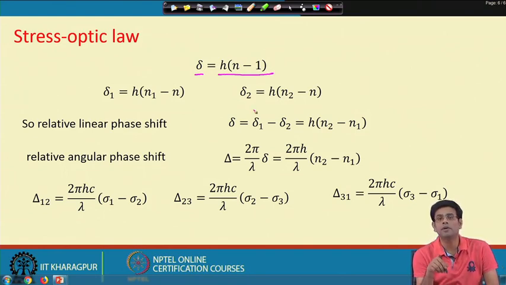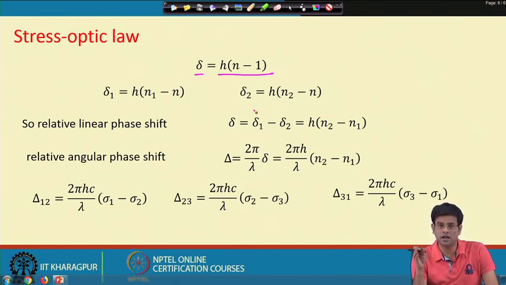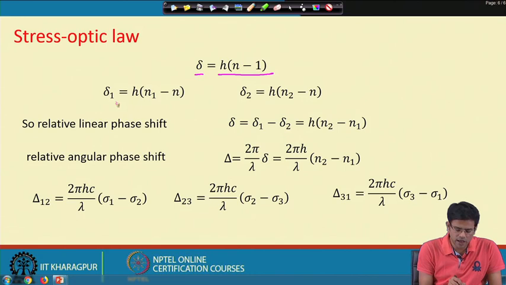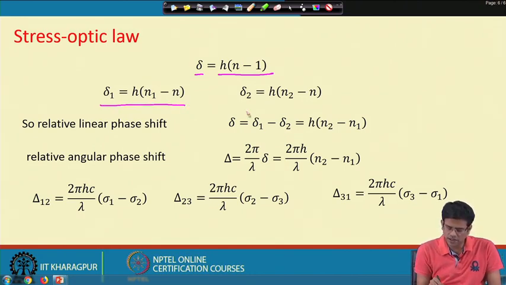It is a very simple formula: if the light is propagating through a material of thickness h, then delta is essentially h by v, and the relative delta is h by v minus 1, that is h, because it is the relative distance. Similarly, if there are two axes, and delta 1 and delta 2 are the phase shifts, then the relative phase shift can also be expressed in terms of these two expressions.